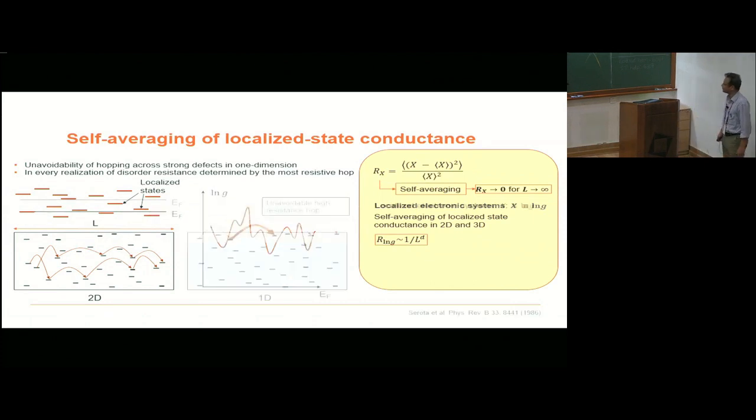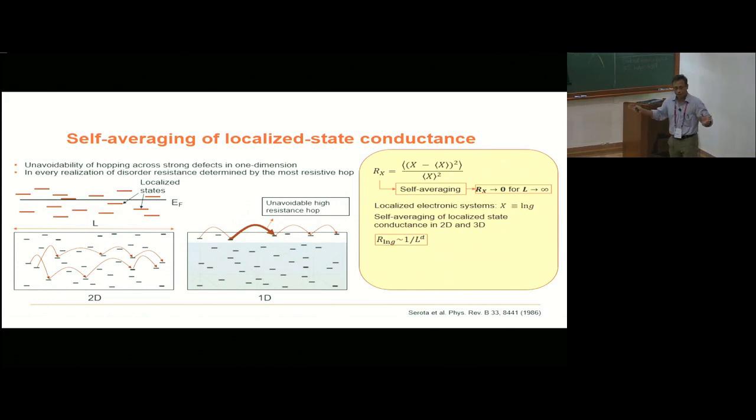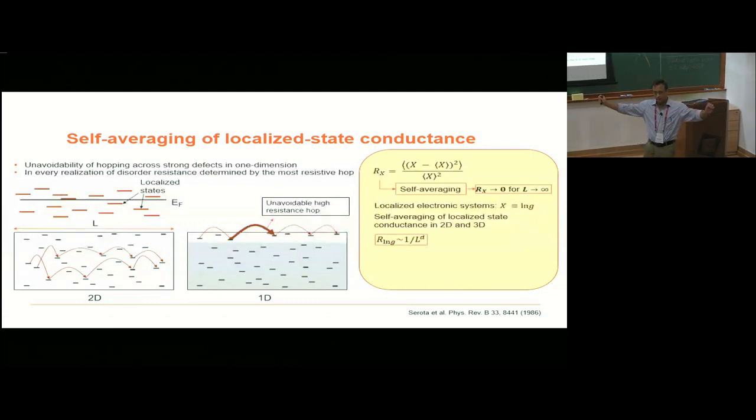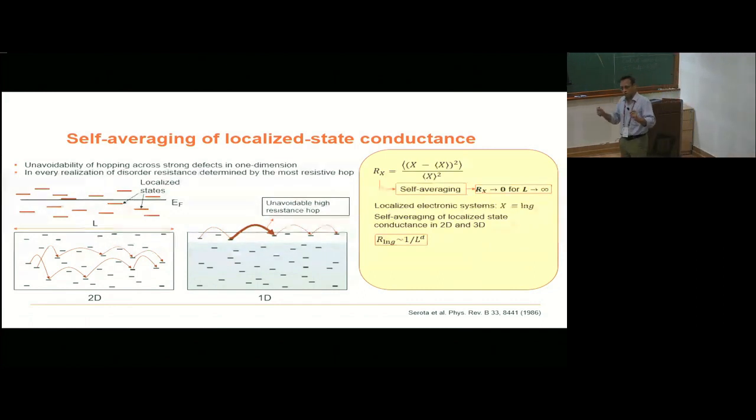The reason behind it: suppose you have a one-dimensional system, so this part of the sample is simply not allowed for you to access in any form. The conduction is always going to be dominated by the largest barrier in the channel of one-dimensional transport. If you have got a strong disorder, there is no way the electron can avoid it. So it's unavoidable hopping that determines the conduction in a purely one-dimensional system, and that is why one-dimensional transport is intrinsically what you call non-self-averaging.